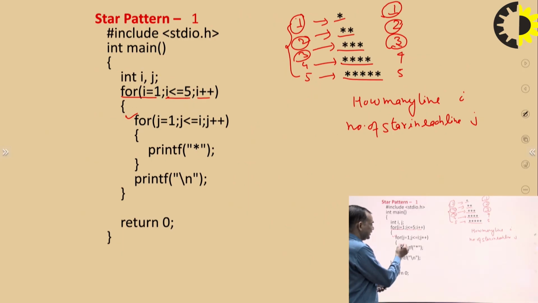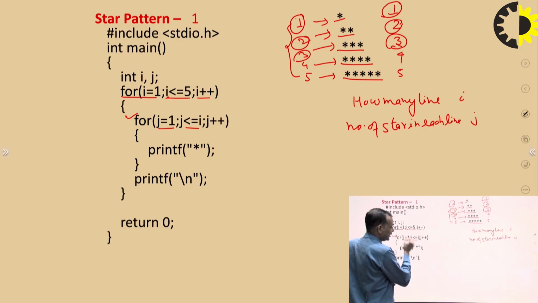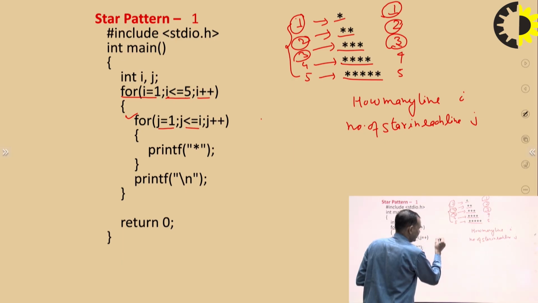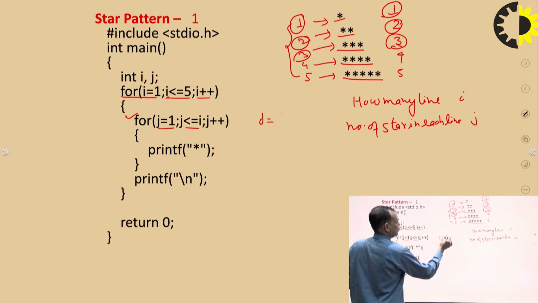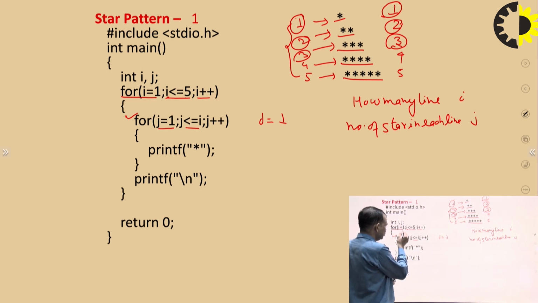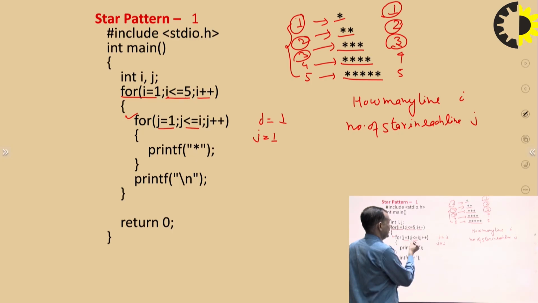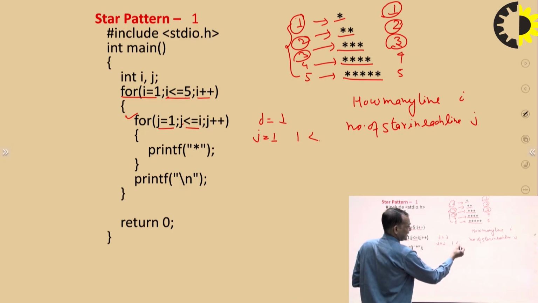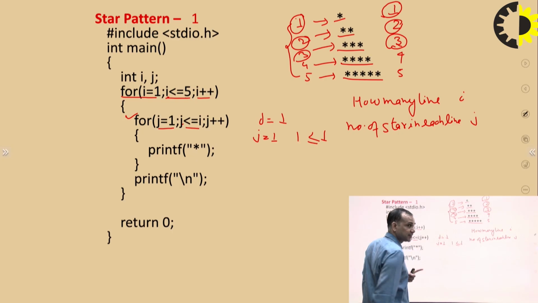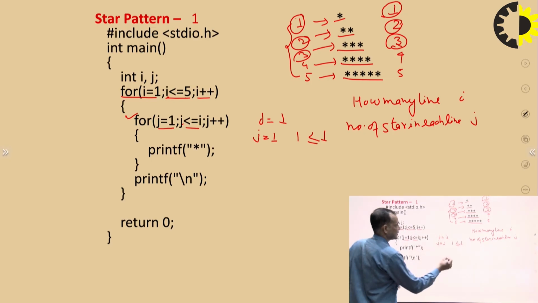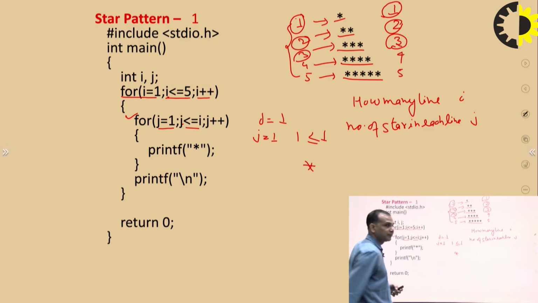So here we use a loop j equal to 1 and j is less than or equal to i. Suppose i equal to 1, it goes inside, j is initialized to 1. 1 is less than or equal to 1, the condition is true, so it prints the star.